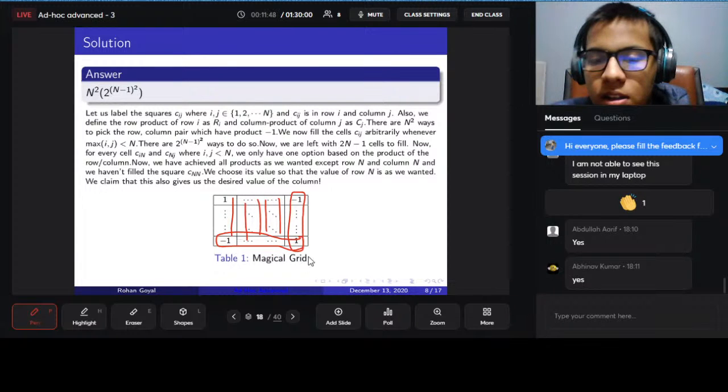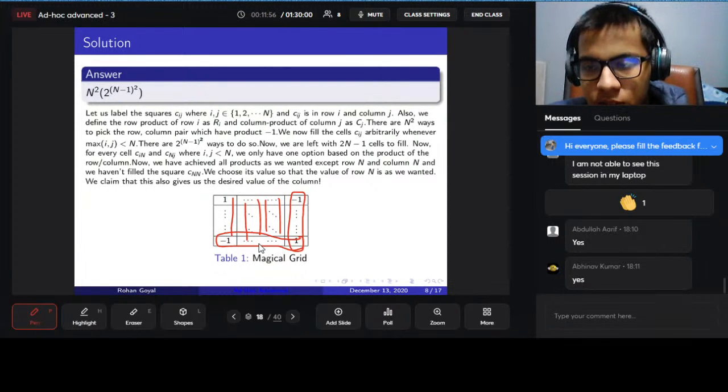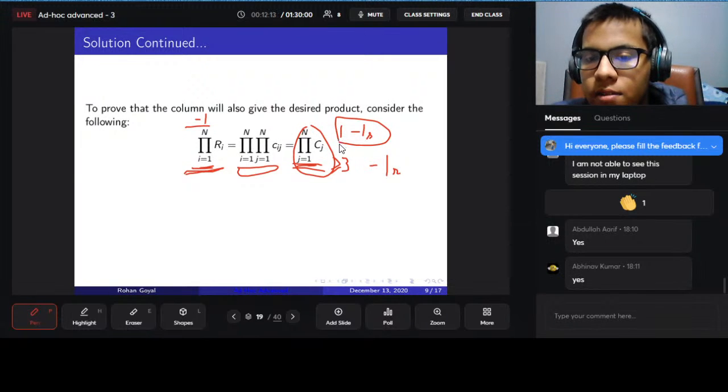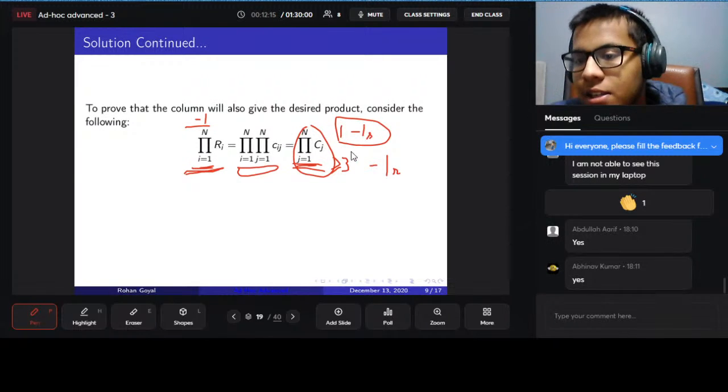Either the minus 1 is on this column or there's 1 minus 1 here. So there can be just a maximum of 1 minus 1 in this whole thing because 2 doesn't work, we need an odd number, which is at least 3. So there is exactly 1 minus 1 and that's what we wanted. So this construction works.